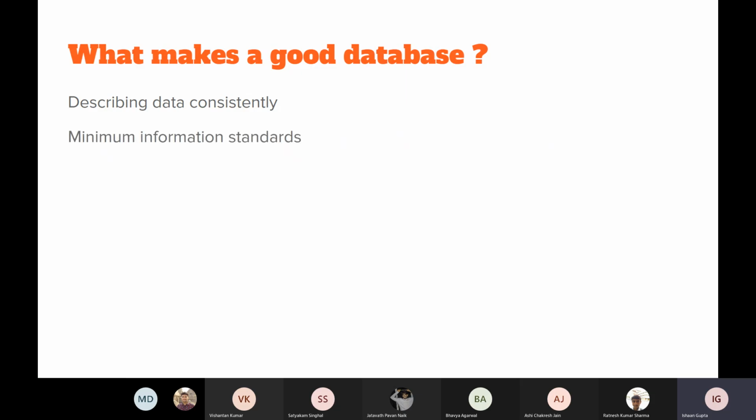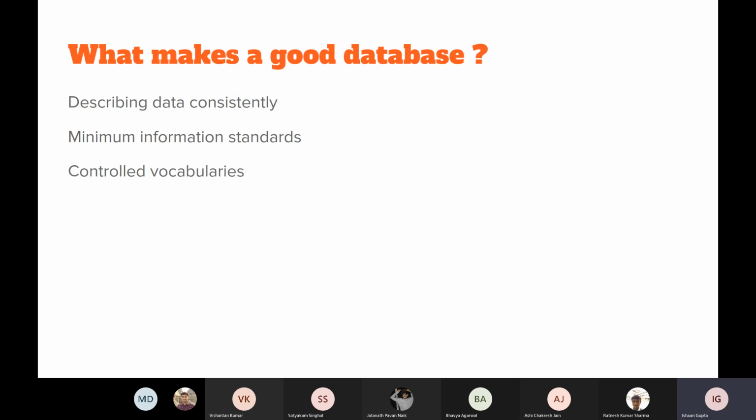The second thing is you should have what's called a minimum information standard. A minimum information standard basically allows you to not describe the same thing in 50 different ways, which is redundant. So you come up with a specific way of describing information or your data, which sticks to a standard.